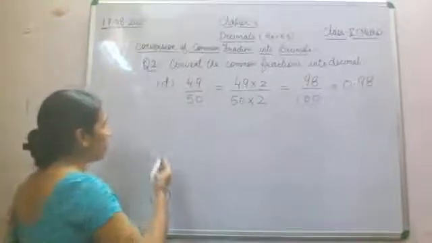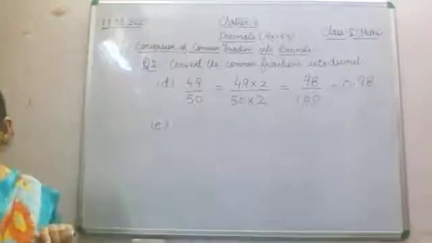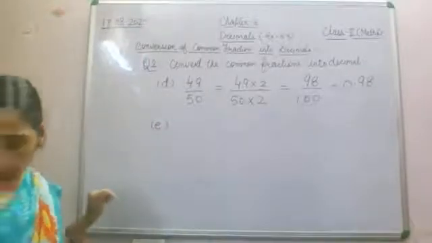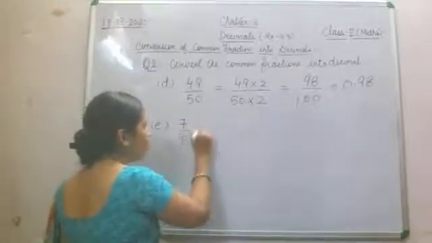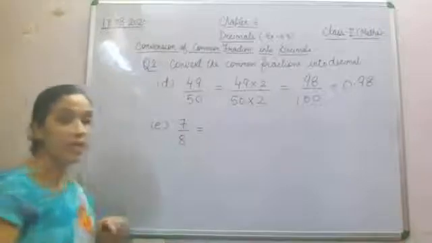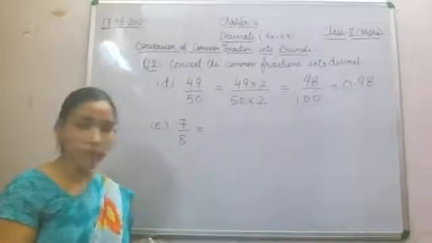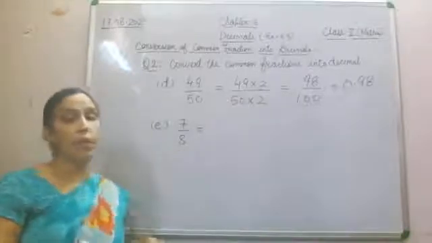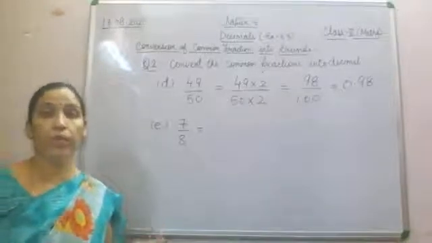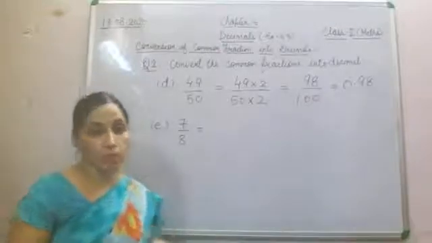So now children, let's see the E part of the same question, that is 7 by 8. Just now, five minutes back, I showed you this 7 by 8 example also. Now 8 will be multiplied by which number so that it will be converted into 10, 100 or 1000?